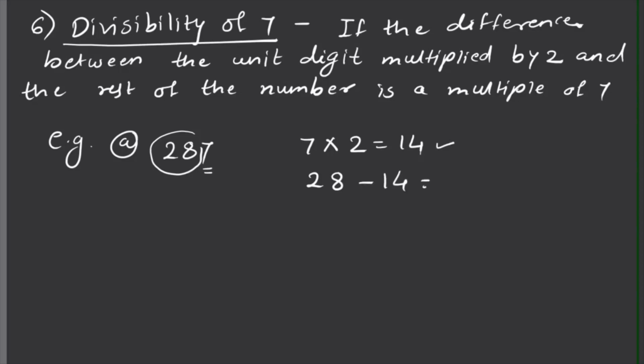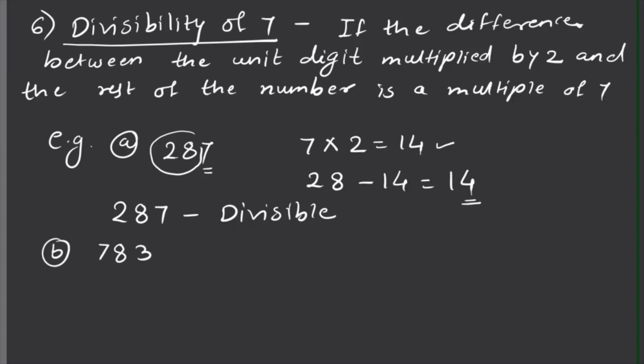If we see the difference, we get 14, and 14 is a multiple of 7. We can divide this 14 by 7. That's why this number 287 is divisible by 7.